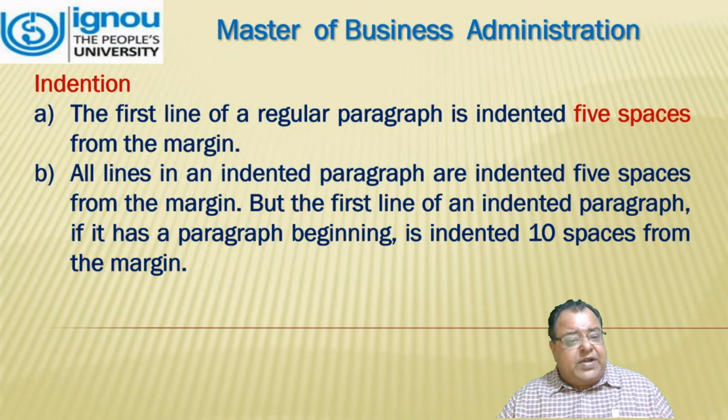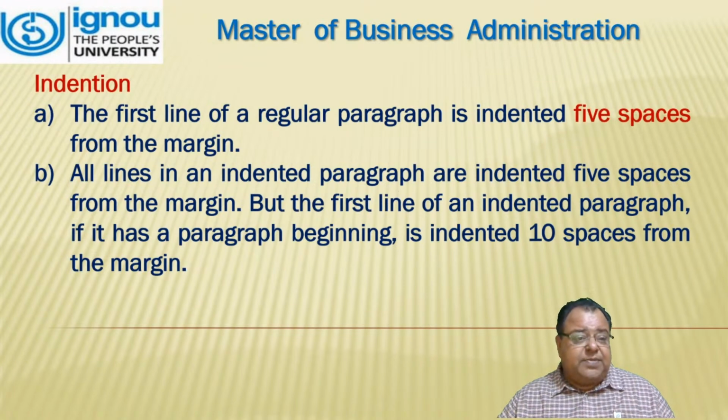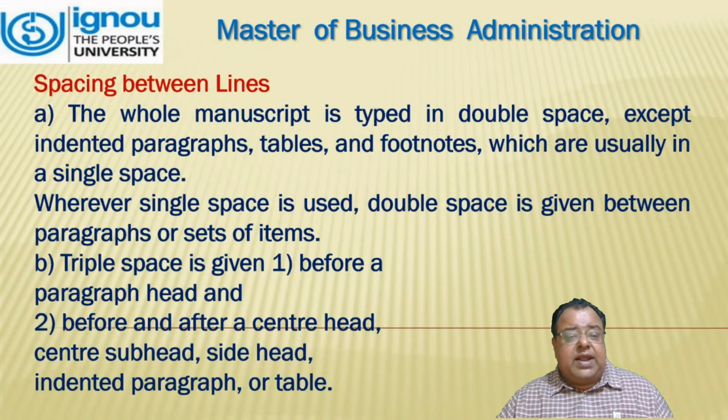Indentation. The first line of a regular paragraph is indented 5 spaces from the margin. Lines in an indented paragraph are indented 5 spaces from the margin, but the first line of the indented paragraph, if it has a paragraph beginning, is indented 10 spaces from the margin. Spacing between the lines.